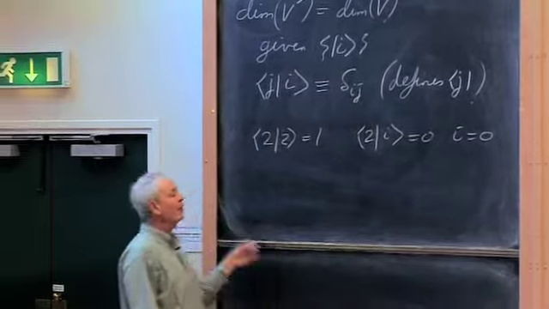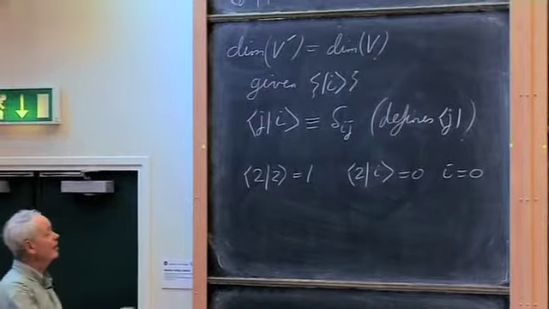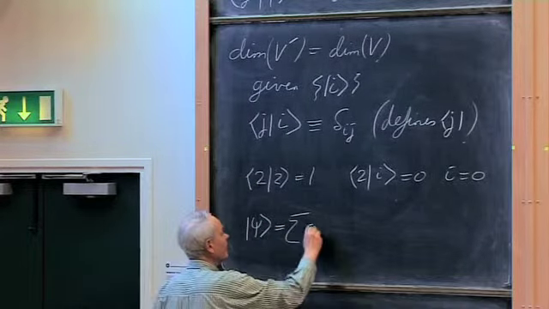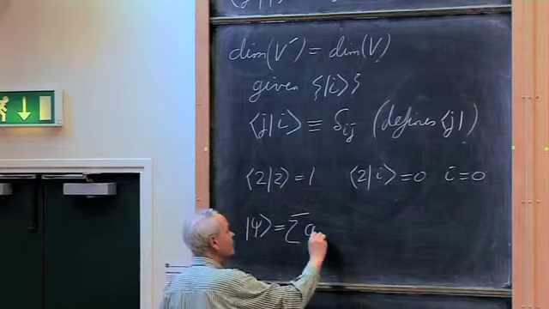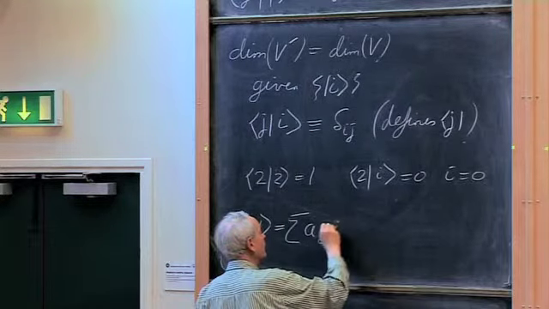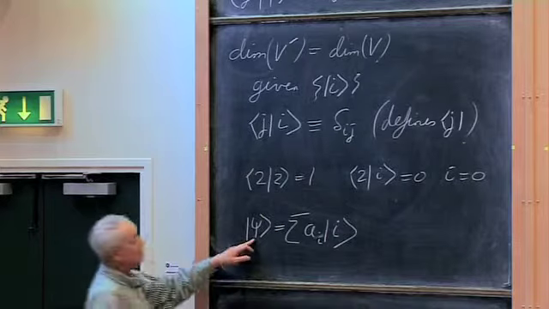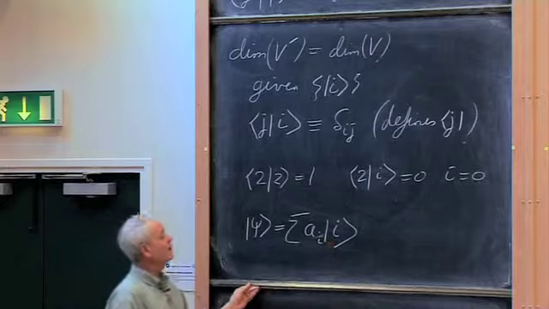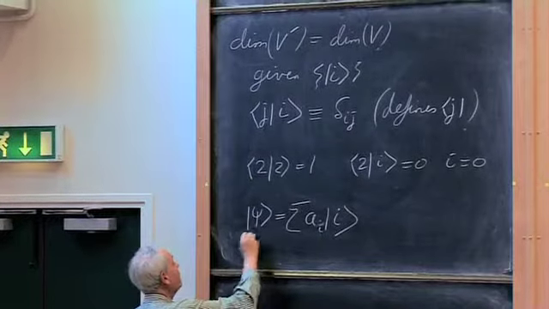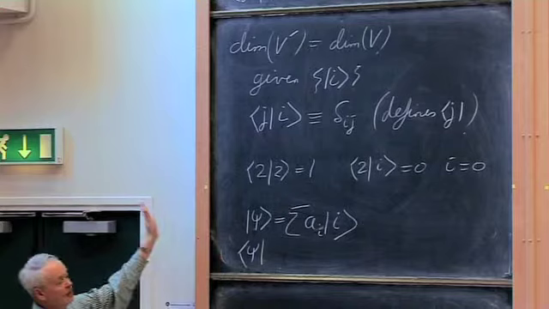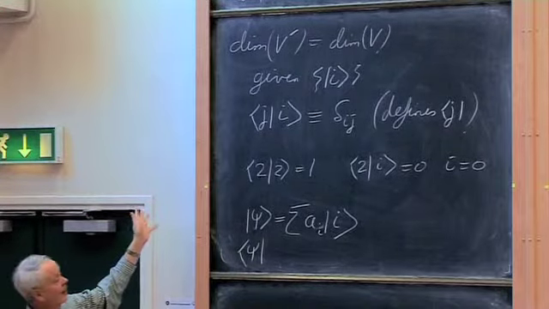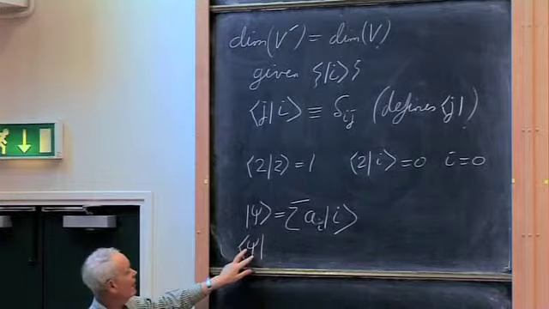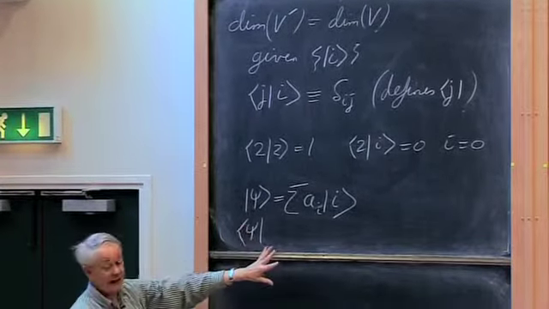So there's one final thing that we want to do in this abstract area. Supposing that |psi> is equal to the sum of a_i |i>, so we take a state of our system, and we have it as a linear combination of the basis states. Then we define a function. This is the funny part, right? So far, I hope everything's been fairly straightforward. But now I'm saying, associated with the state of our system, I want to define a function on states.